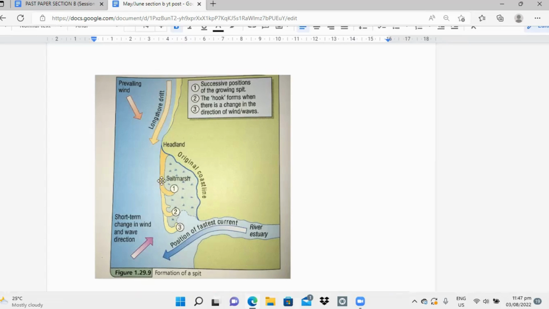The sediments continue to go out at sea, and they accumulate and build up and up until eventually the sediments reach above the water's surface, and you can see it over the water. Now, the change in wind and wave direction comes in the formation of the hook that we see on this spit.